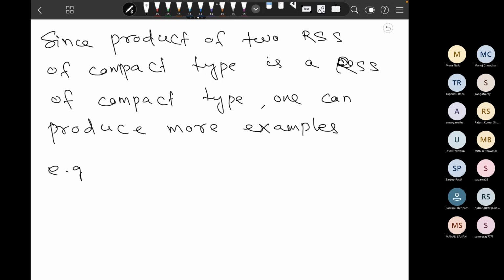For instance, this thing here, G_k(R^n) cross SO(m), whatever product you can take, you can produce that.